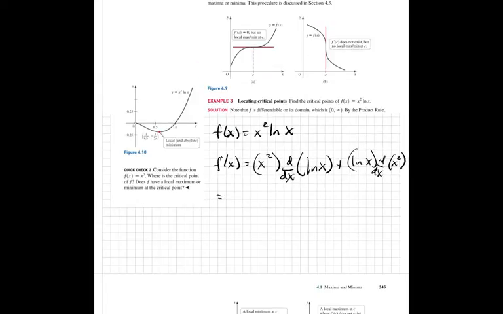So that's going to be x squared over x plus 2x times the natural log of x. So then this becomes x plus 2x natural log of x. Let's see if we can find our critical points where this is either 0 or does not exist.